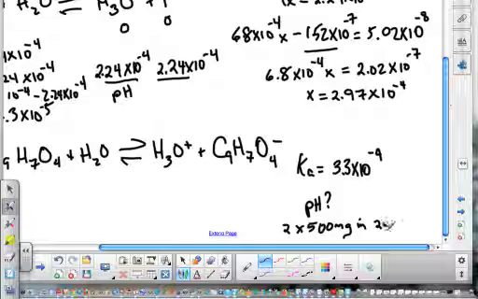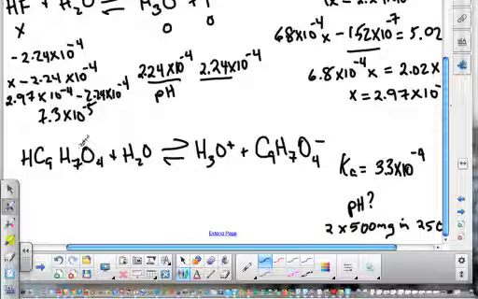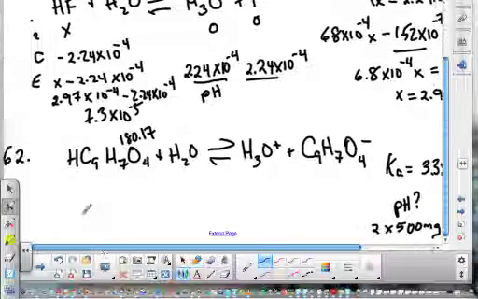In order to even get started, we've got to get our molarity. So we take that 1 gram, 1,000 milligrams is a gram, and we add up our molar masses. I've calculated all that. The molar mass of aspirin is 180.17.